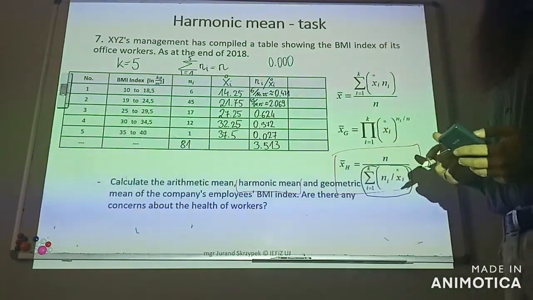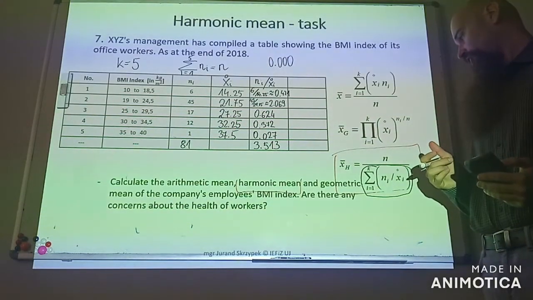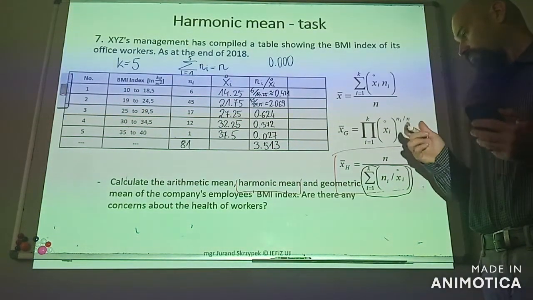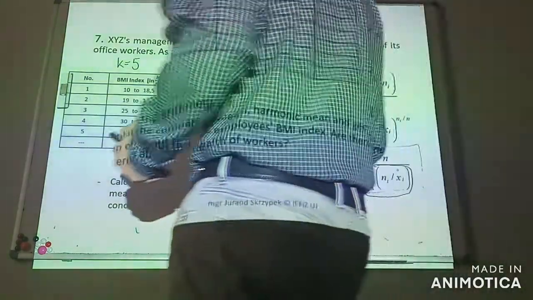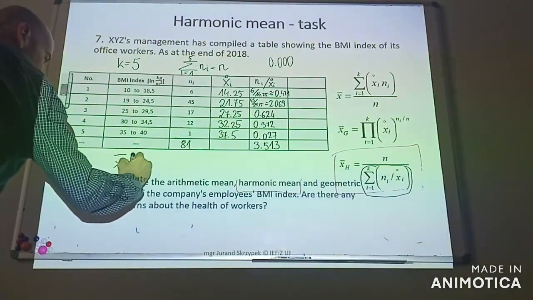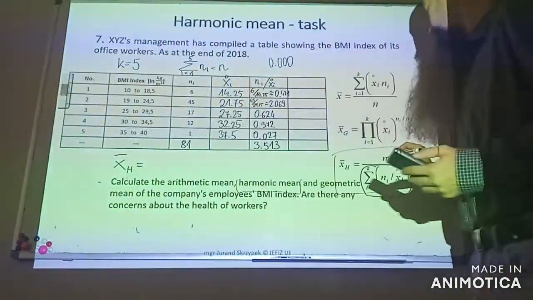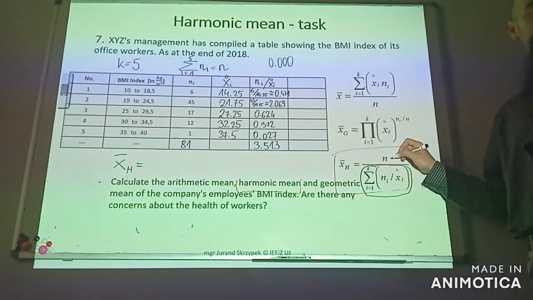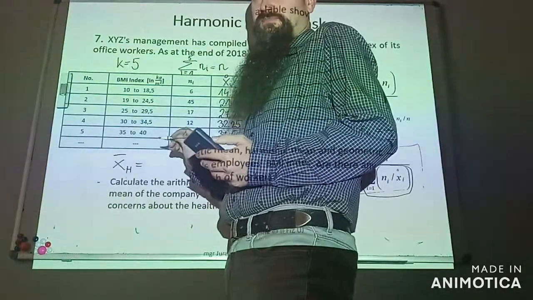So finally we can compute the harmonic mean. The harmonic mean equals the population size divided by the sum. Here, population size is 81.